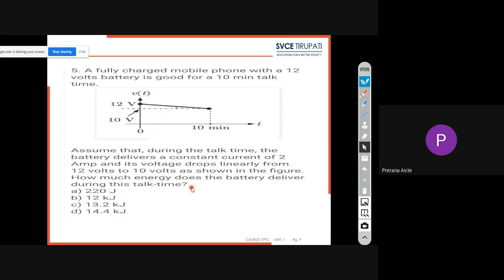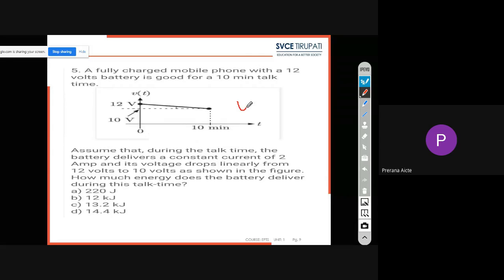Okay. So what is the formula for energy? Anyone? What is the formula for energy in terms of power? Energy we are indicating E or W. E equal to integral P of t dt.